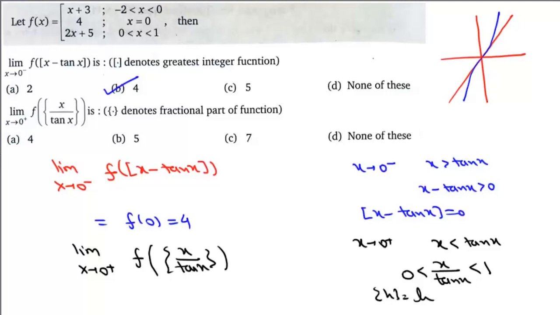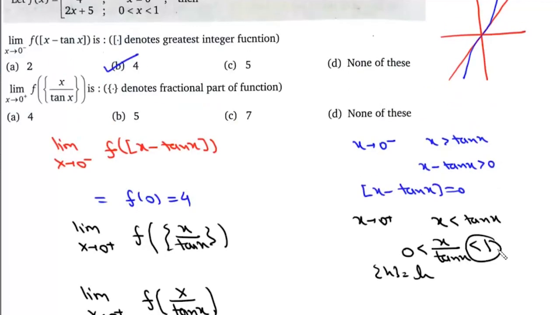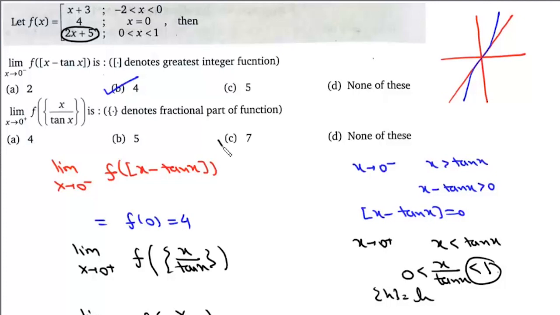So that means this limit will be simply limit x tends to 0 positive of f of x by tan x. Now x by tan x is actually less than 1, and if it is less than 1, it will go to this definition. So we can write this as limit x tends to 0 positive of 2 times x upon tan x plus 5, which is 7. So the answer to the second part is 7, and that's your option C.